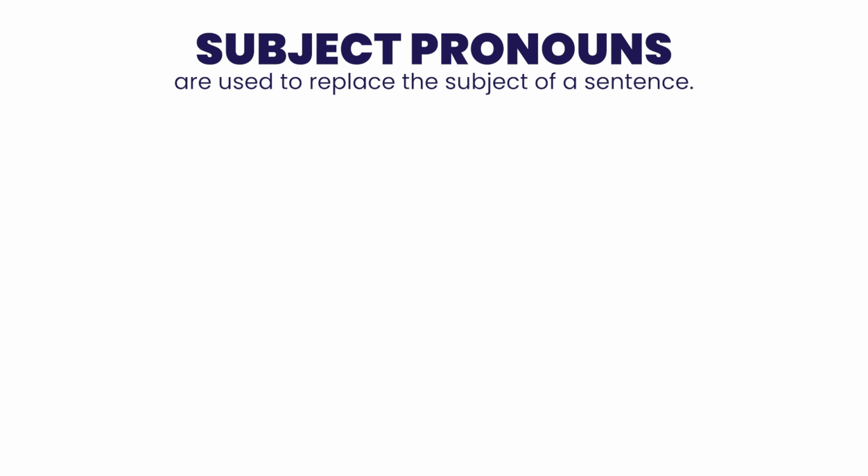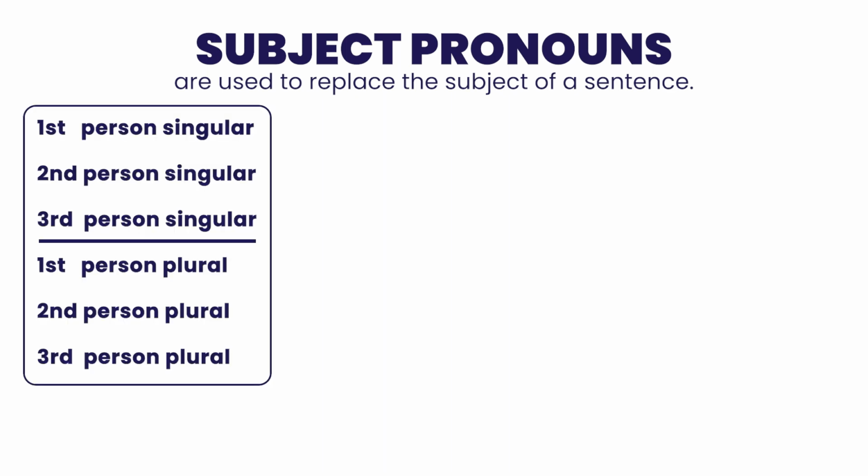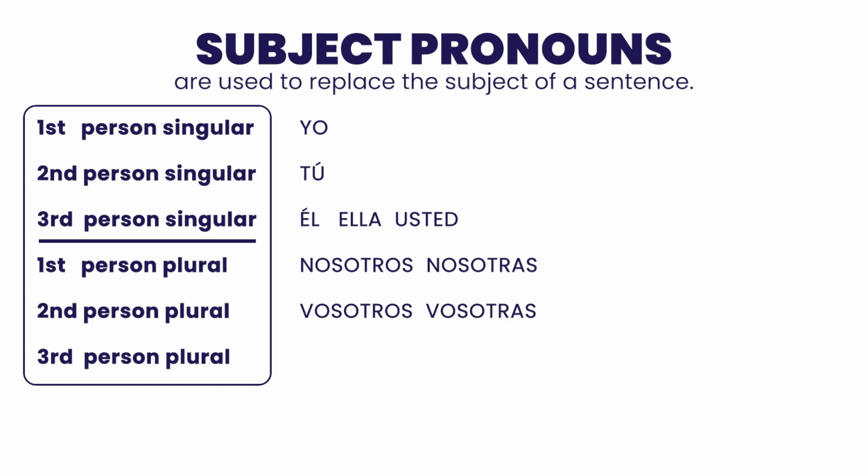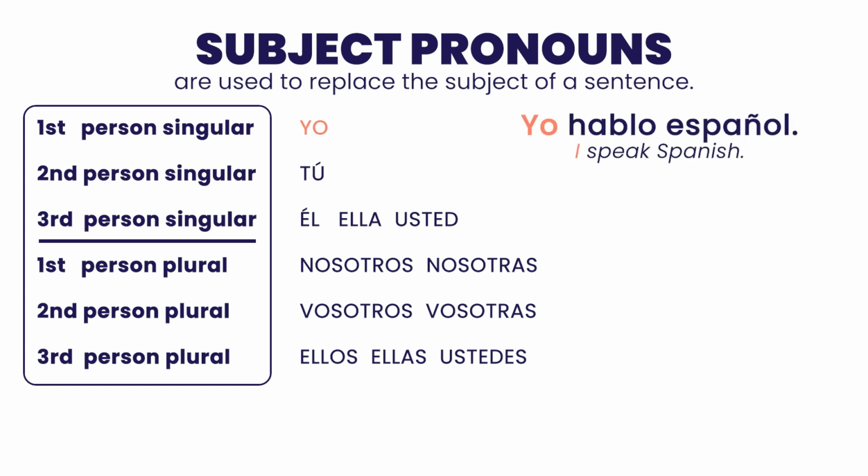In Spanish, subject pronouns are as follows: Yo, I, tú, you, él, he, ella, she, usted, you, nosotros, nosotras, we, vosotros, vosotras, you all, ellos, ellas, they, ustedes, you all. Examples: Yo hablo español.